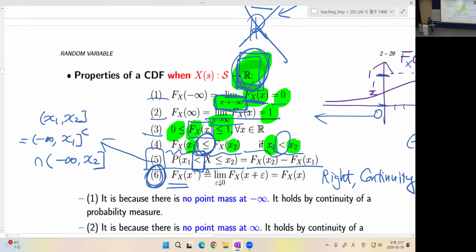And also using the CDF, you can simply obtain any interval's probability. Sometimes you need to have right limit or left limit to precisely obtain the probability of an interval event. Got it?